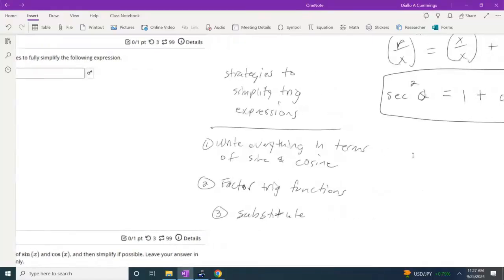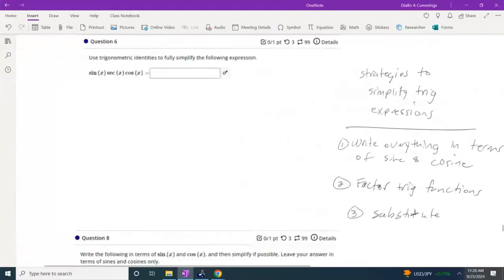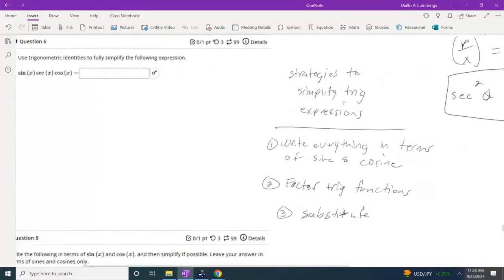All right, so I'll explain these separately. The first strategy is you want to write everything in terms of sine and cosine. So in this first section of Module 3, that's going to be our main objective, to write everything in terms of sine and cosine, and then we can cancel common factors. You can also factor trig functions. Now we're going to get into factoring in the next to the last section when we actually solve trig functions.